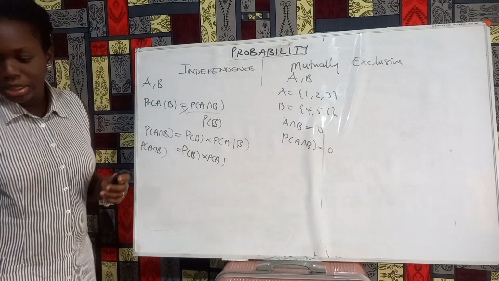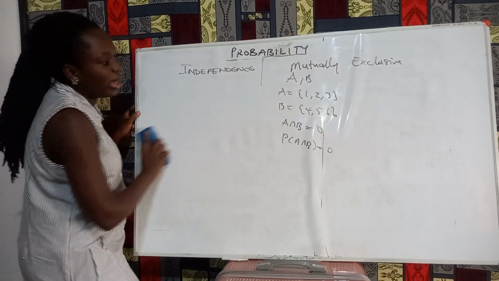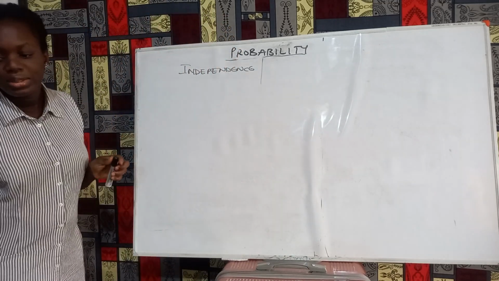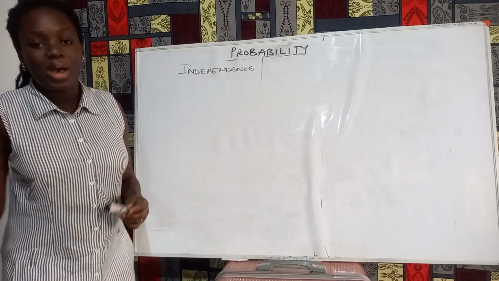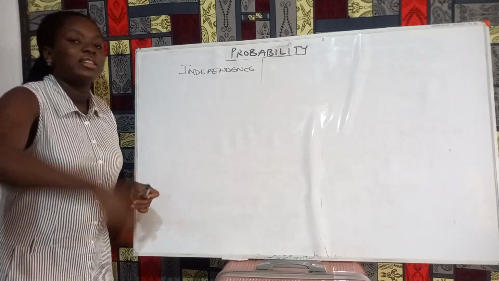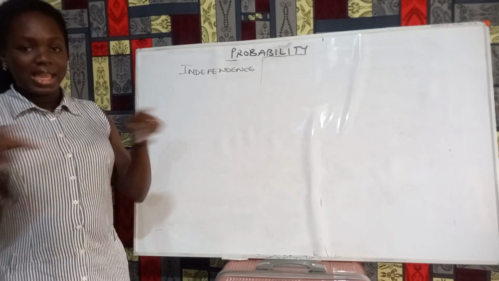There's one example on independence in our notes, and we can work on that and then end the session. A student rolls a fair six-sided die twice. There's one die. He rolls the first time, rolls the second time. The two rolls are independent.